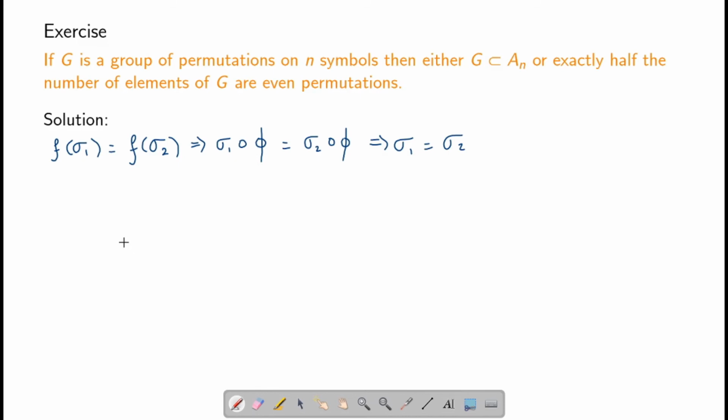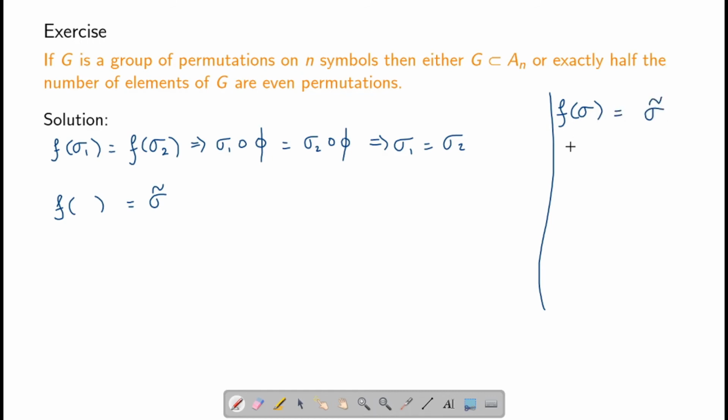Now to see that f is onto. So suppose we have some sigma tilde in Y. What will map onto sigma tilde? So f of what will give me sigma tilde? So we want sigma such that f of sigma is equal to sigma tilde.